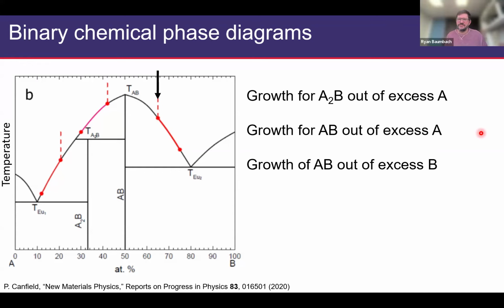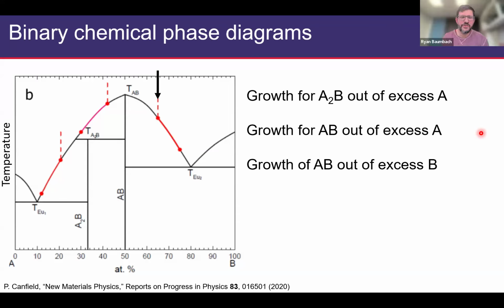Can you say it again? So the question is, if you start at AB, 50% in the melt, and you cool down a little bit, what determines whether it goes to the left or the right? Is that your question? Yeah.